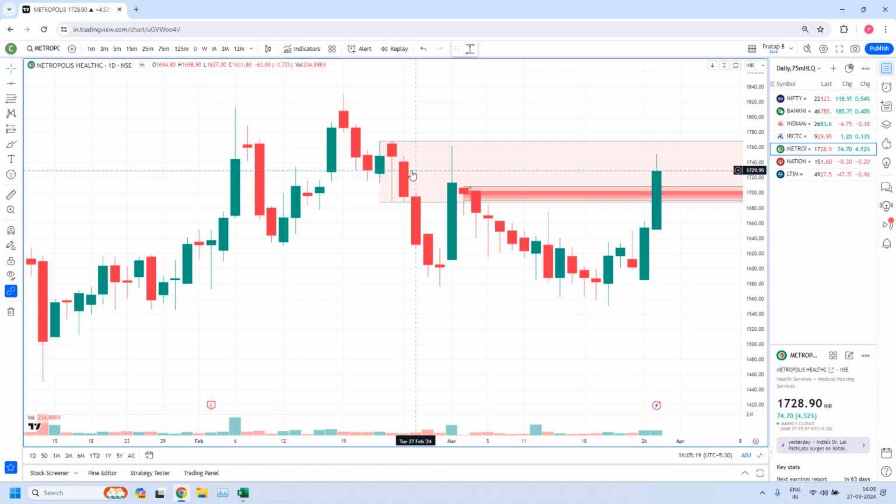If you understand the institutional imbalances, understanding supply demand zone price action is very, very easy. Whatever concept I explained in lesson 2, probably that is applicable in today's Mindtree analysis. Probably you people will understand the real essence of the concept I explained in lesson 2.